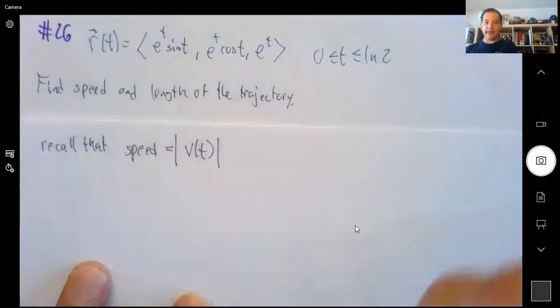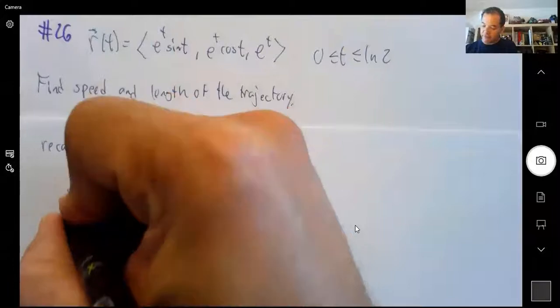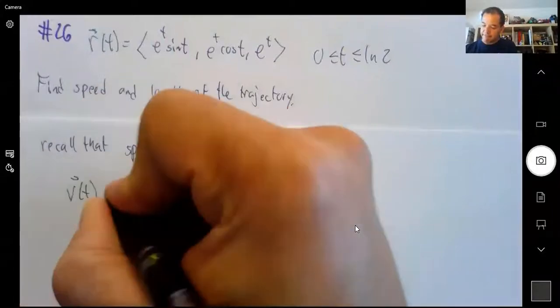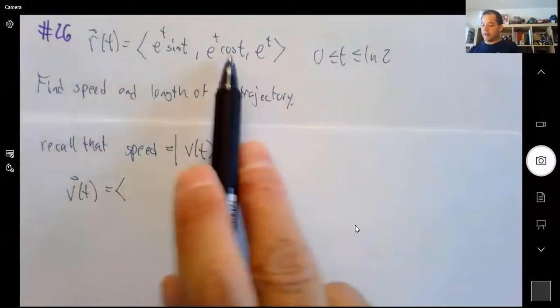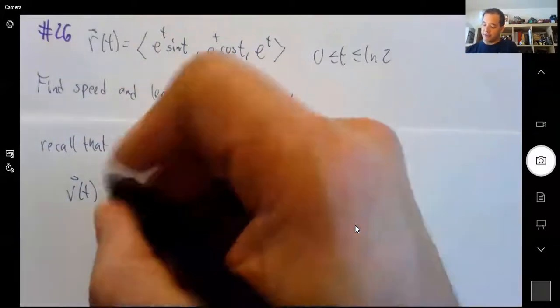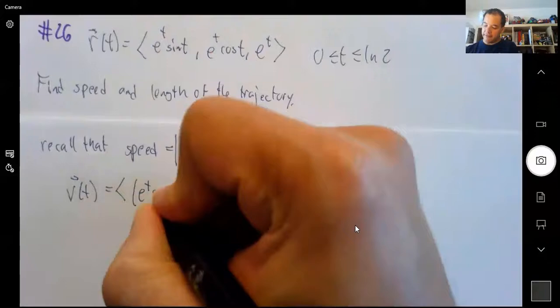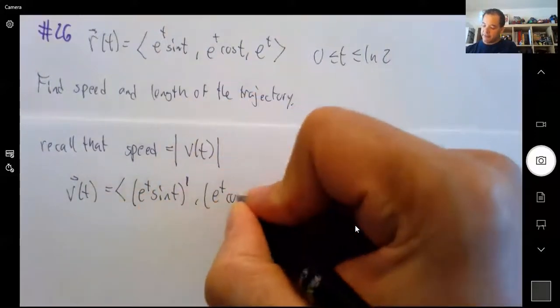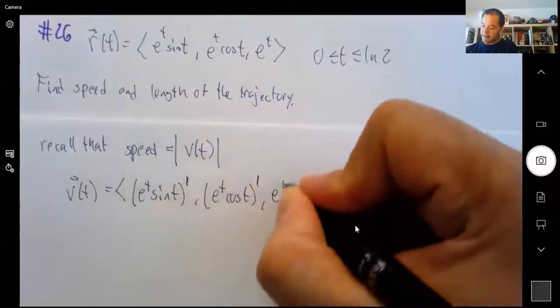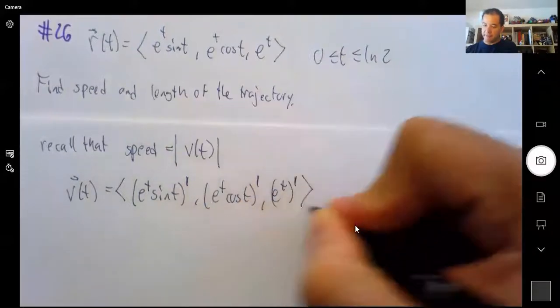Let's figure out that first. So what is the velocity? The velocity is, we need to take the derivative of each component, right? So it's the derivative of this one, the derivative of this one, and the derivative of e to the t.